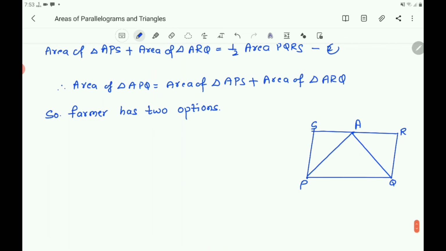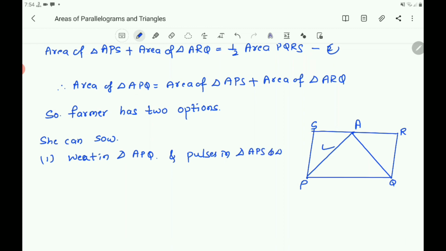Two options. One is she can sow wheat in triangle APQ and pulses in triangle APS and triangle ARQ.